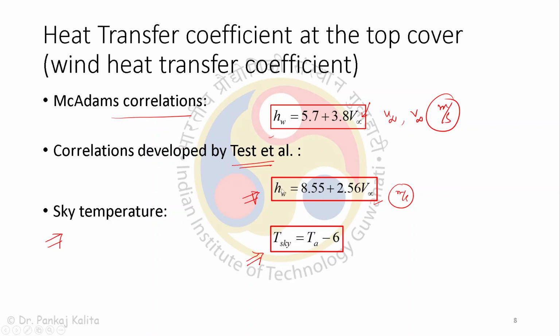Another correlation is this. There may be some differences, but they are not very large, and they represent different conditions. Depending on those, correlations have been developed to evaluate the wind heat transfer coefficient.